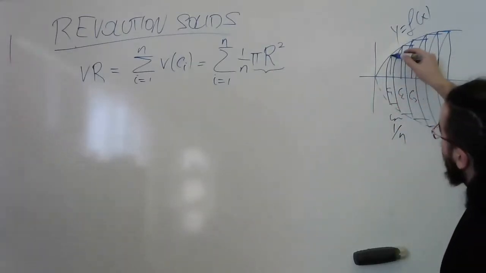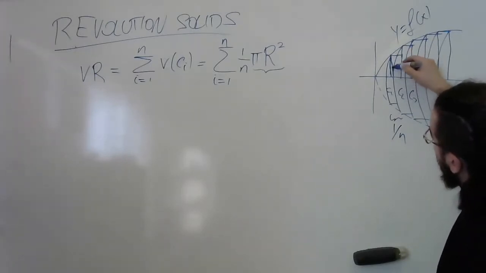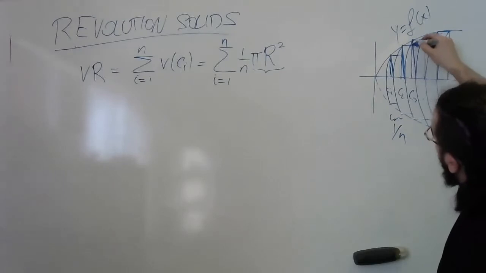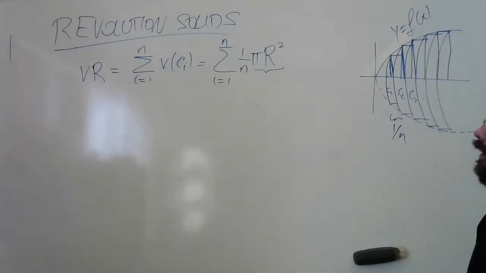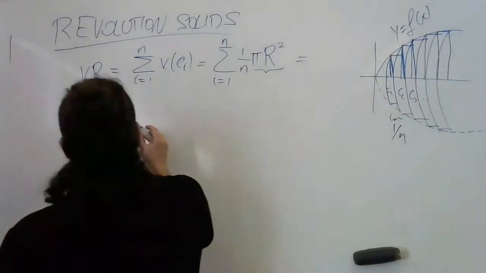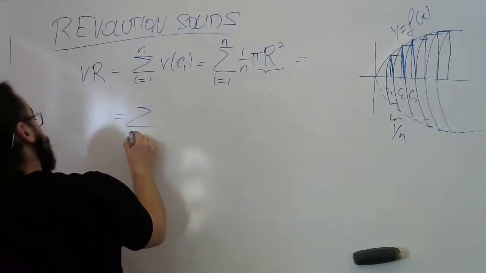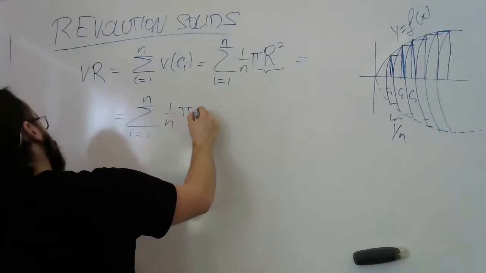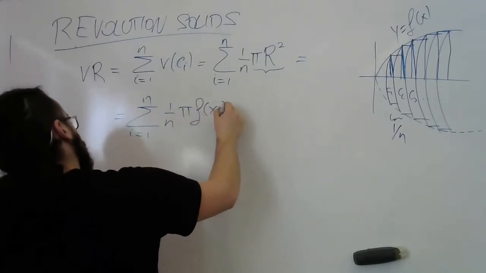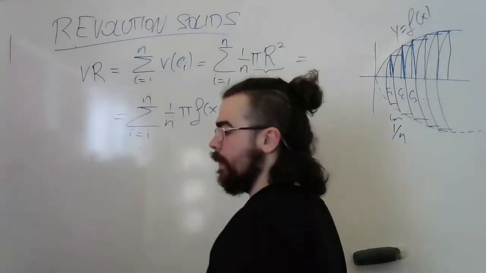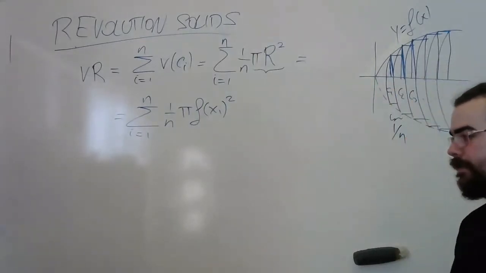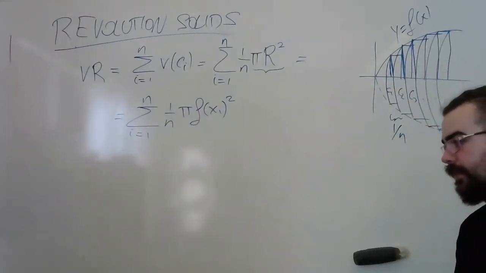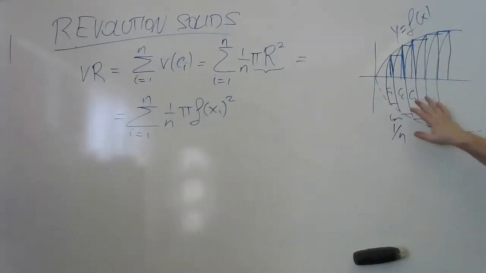The radius of these Riemann disks is no other than the height of the rectangles. Right? So we have the sum of all these cylinders.